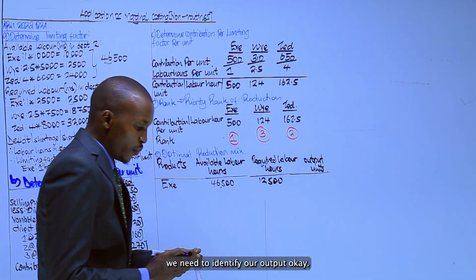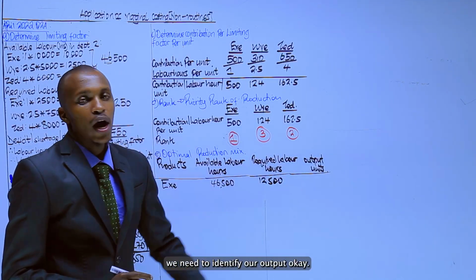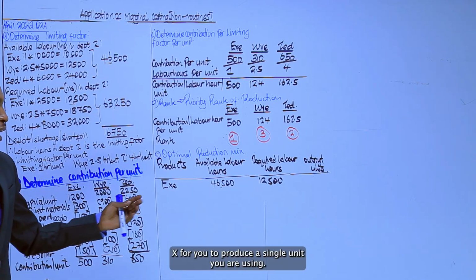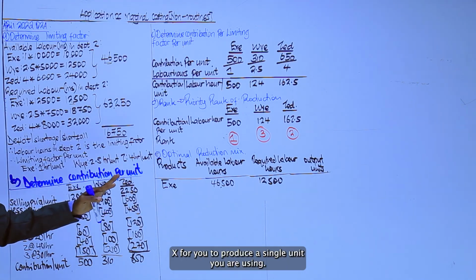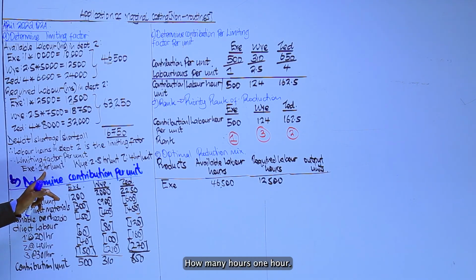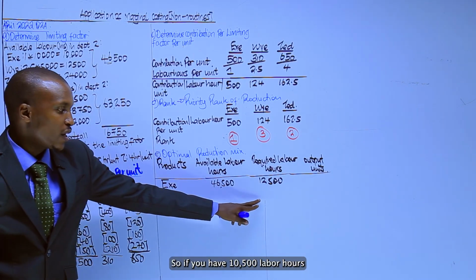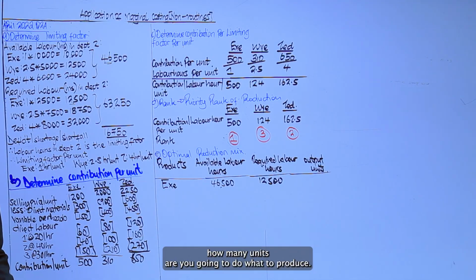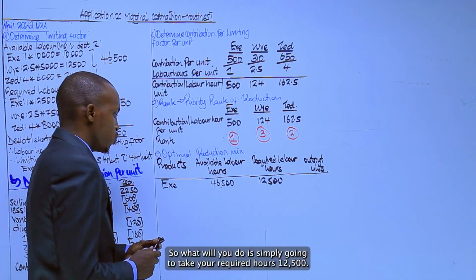And then now we need to identify our output. But remember that for you to produce a single unit of X, you are using how many hours? 1 hour. So if you have 12,500 labor hours, how many units are you going to produce?